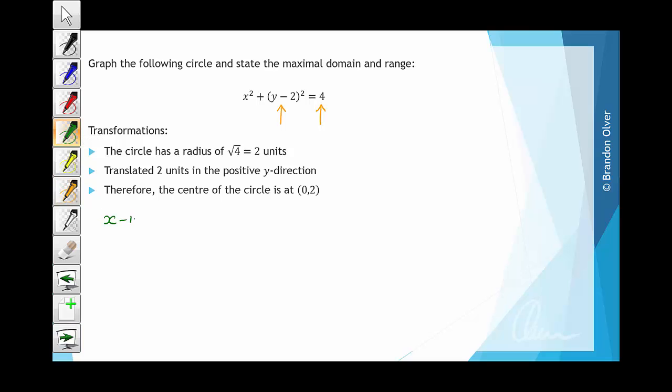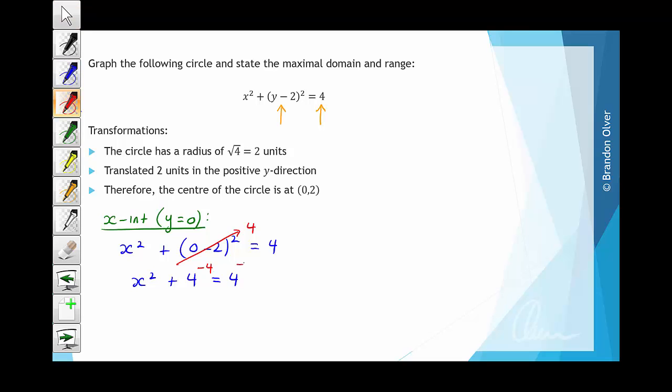To find the x-intercepts, we let y equal 0. When we do that, we get x squared plus (0 minus 2) squared equals 4. Minus 2 squared is just 4, so we have x squared plus 4 equals 4.